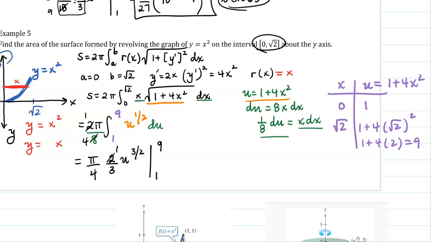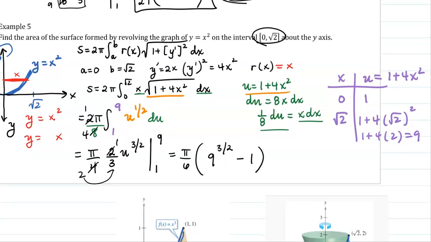I'm going to just simplify here. That becomes a 1, that becomes a 2. So I have pi over 6. Multiply the 2 and the 3. Plug in the upper limit of 9. Plug in the lower limit of 1. 1 to the 3/2 is still just 1, so we do not have to do anything with that. 9 to the 3/2 power is 27.